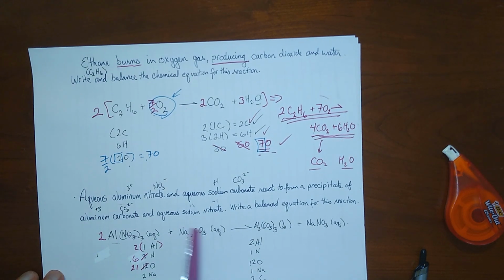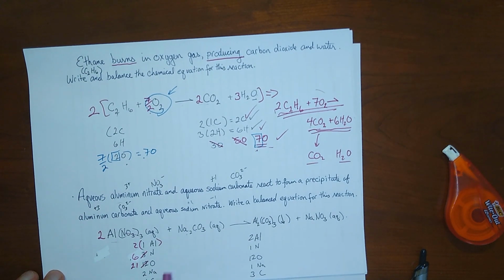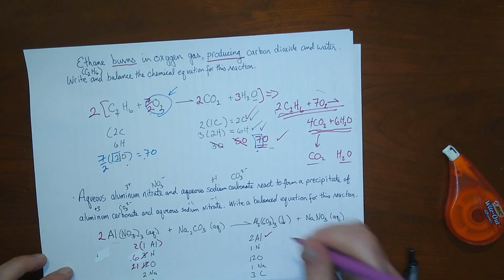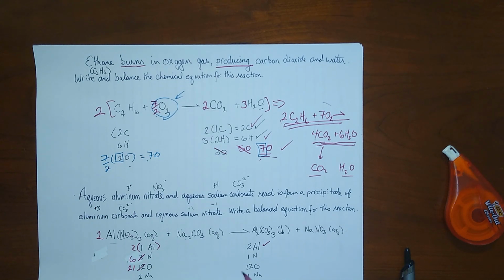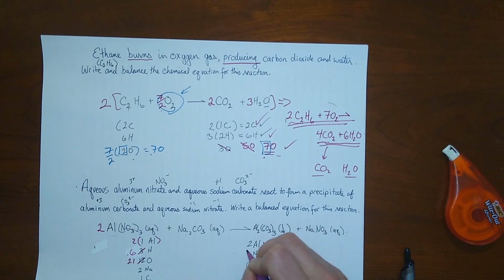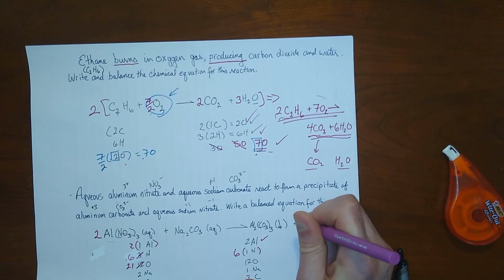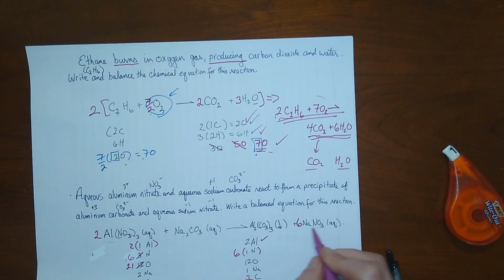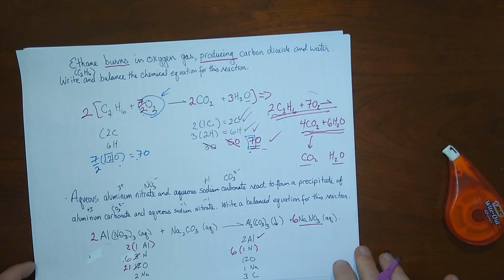Okay, and I didn't change the numbers on the sodium carbonate, so these are going to stay the same for the moment. That balances the aluminum, but now some other things have issues. Now I need 6 times as many nitrogen on this side. So if I multiply this by 6, that means I put a 6 here in front of the compound that has nitrogen on the product side.